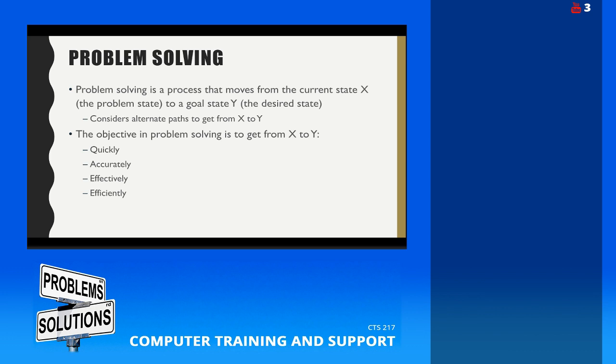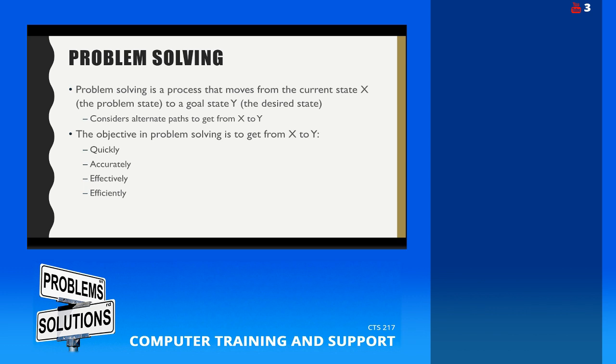The problem-solving process is the process that gets us from the problem state to the desired state, from X to Y.